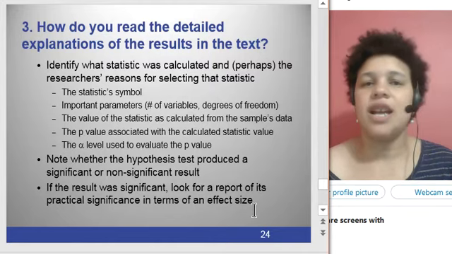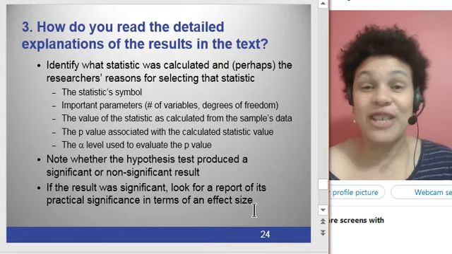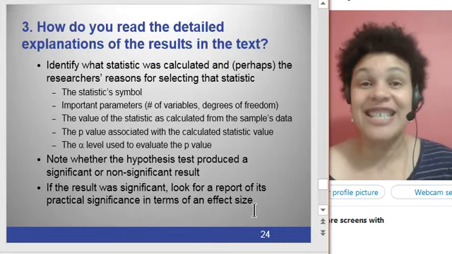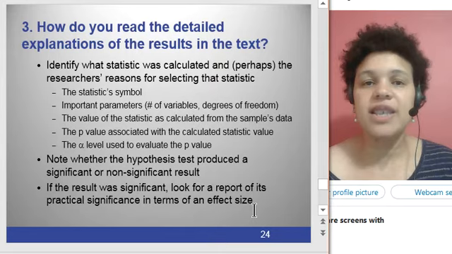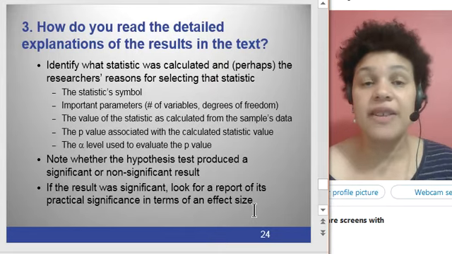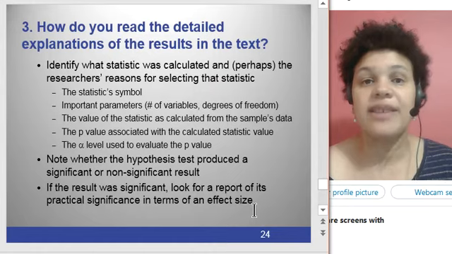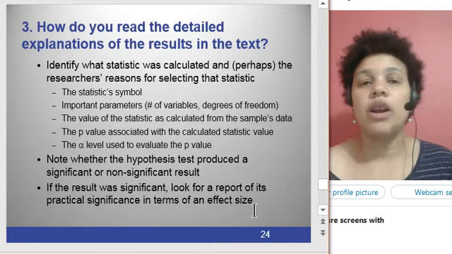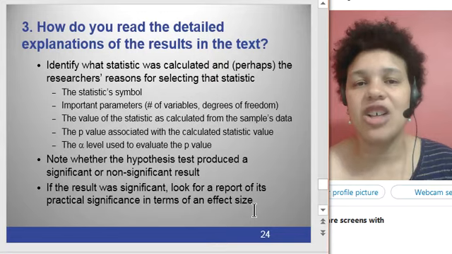Okay, so what's this with significant and non-significant? First of all, in the papers, it should say statistically significant and statistically non-significant. And what it means relates to whether the null hypothesis was rejected, or the researcher failed to reject the null hypothesis.